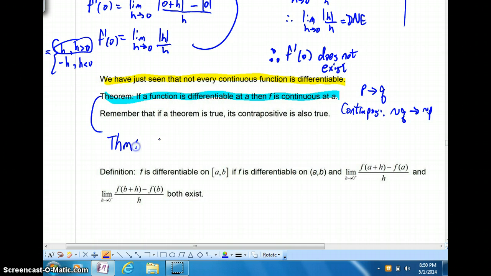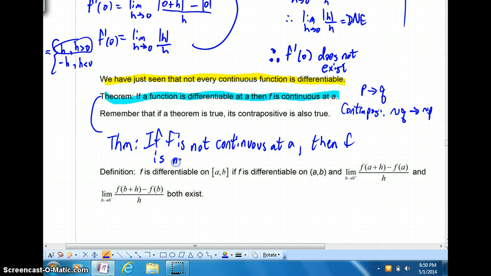It would be: if f is not continuous at x equals a, then f is not differentiable at a.